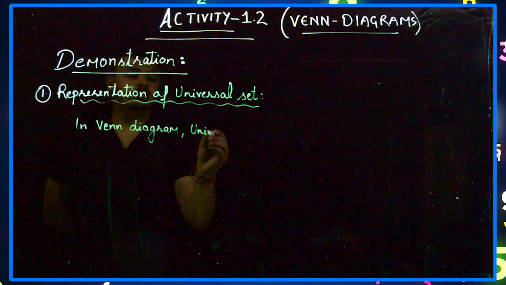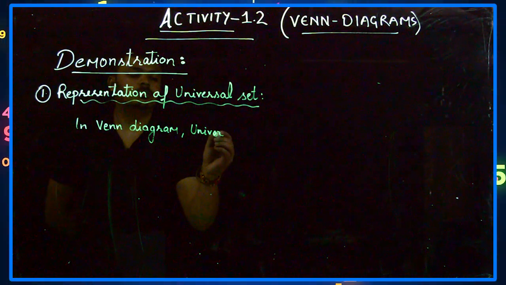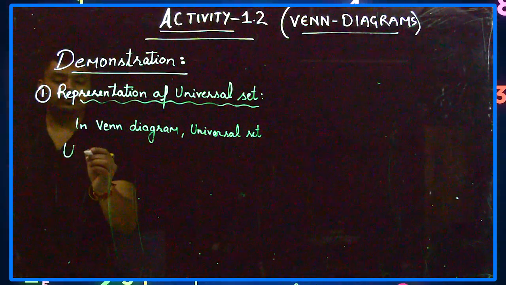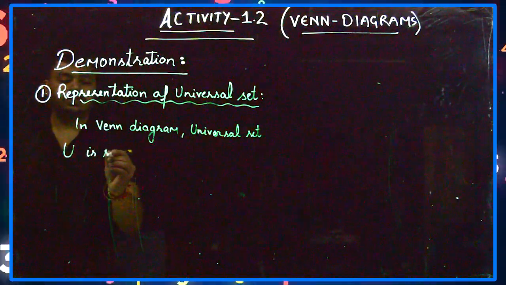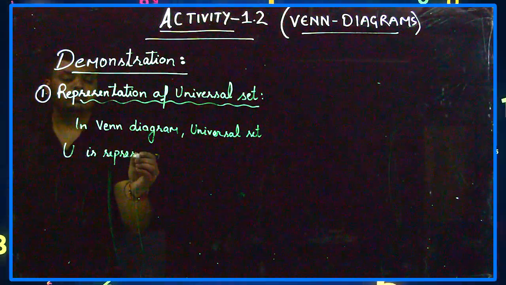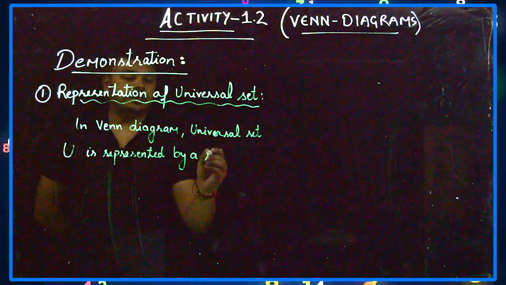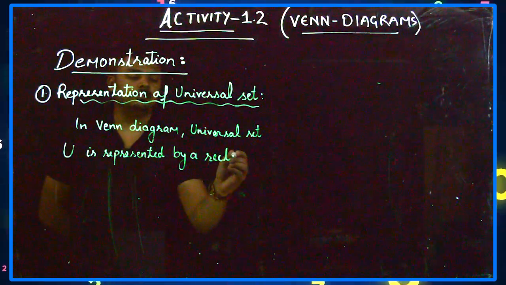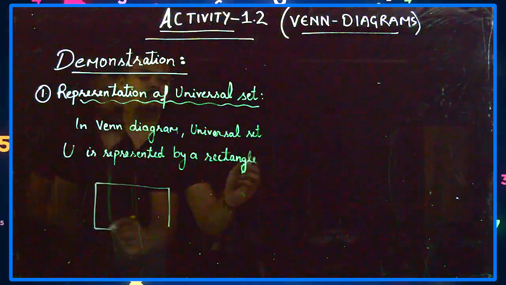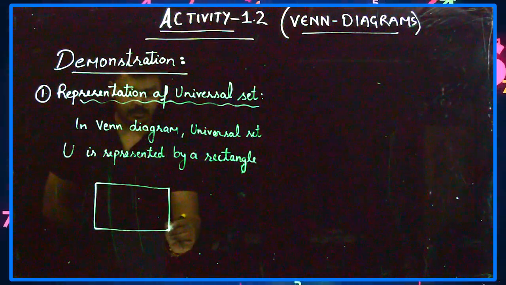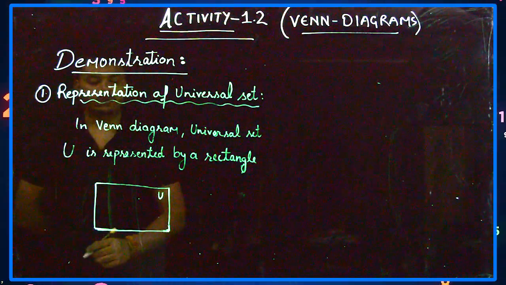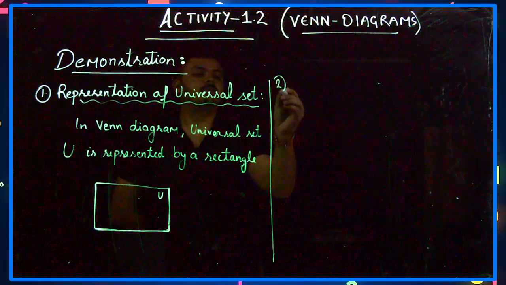The universal set U is represented by a rectangle. So this rectangle represents the universal set U.